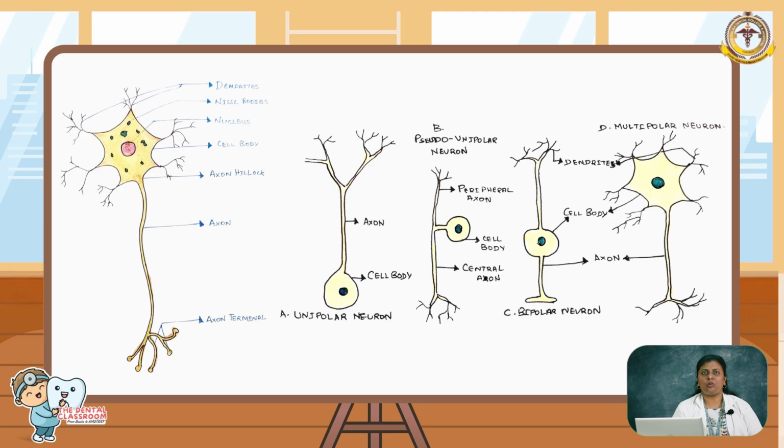But a unipolar neuron will have only one axon from one side of the cell body. Then a bipolar neuron will have two separate axons, branched on either side. That's why it is called bipolar. And in a multipolar neuron, the dendrites and axons will form synapses with neurons on either side of the cell body. So, that's why it is called multipolar.